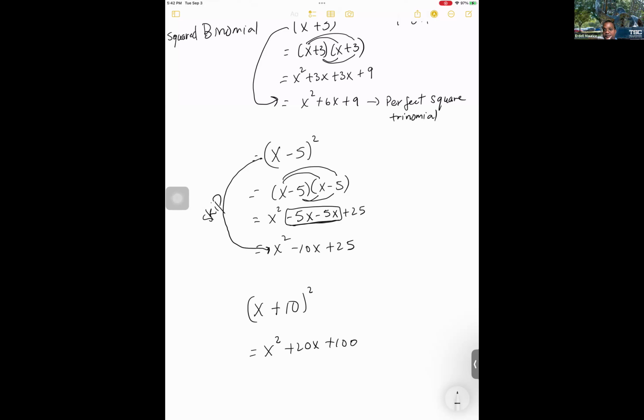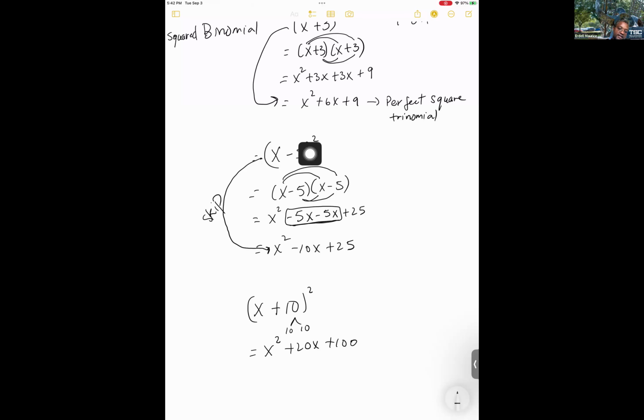I'm waiting. For the second one, you added 10 plus 10, and then you multiplied 10 times 10 for the third. Exactly. If you look very carefully, when you're foiling this out, the middle term always comes twice. So basically, I'm just multiplying this by 2. Negative 5 multiplied by 2 gives me the negative 10.